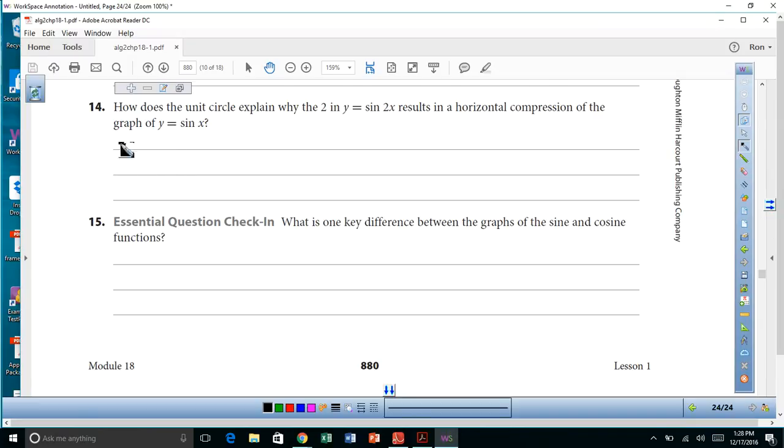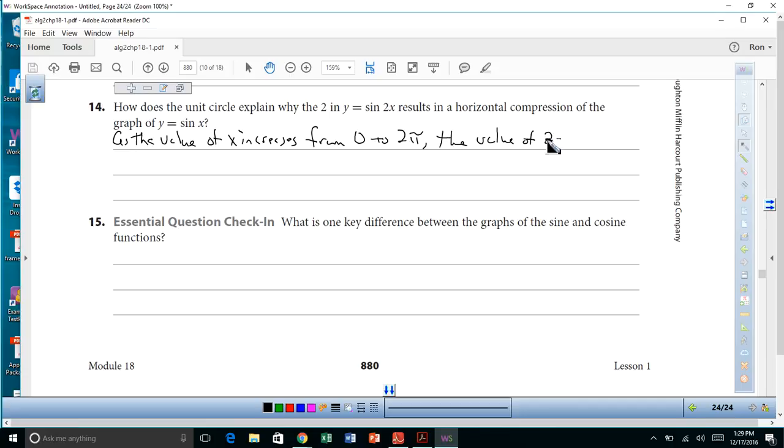As the value of x increases from 0 to 2 pi, one revolution of the circle, the value of 2x increases from 0 to 4 pi, which is 2 revolutions of the unit circle.